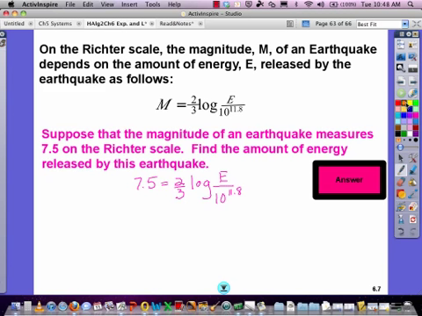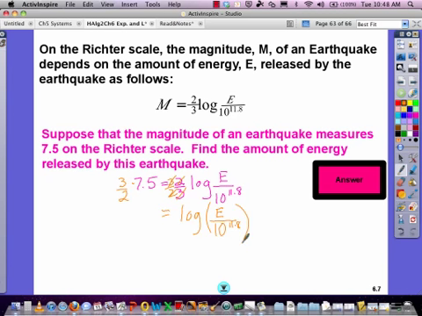So we can get rid of that times 2/3 with a times 3/2 on both sides. We will get just the log now of our statement E divided by 10 to the 11.8 power.